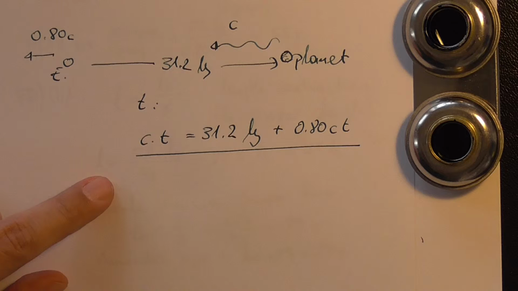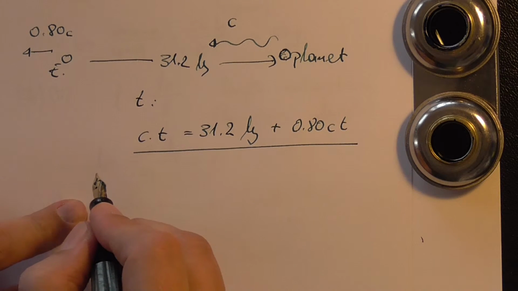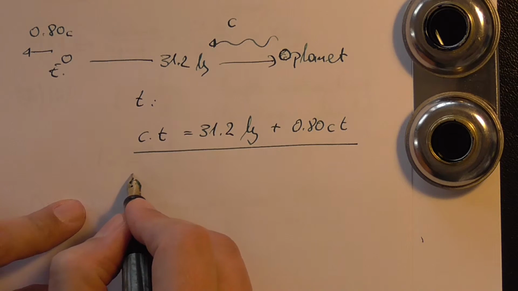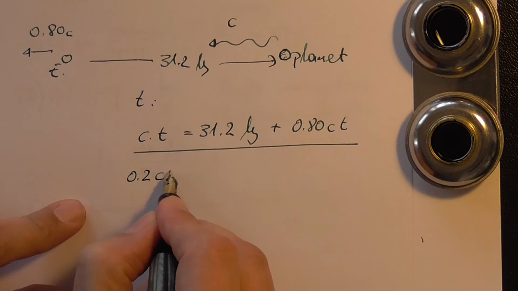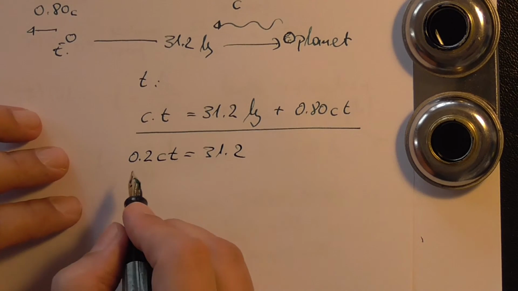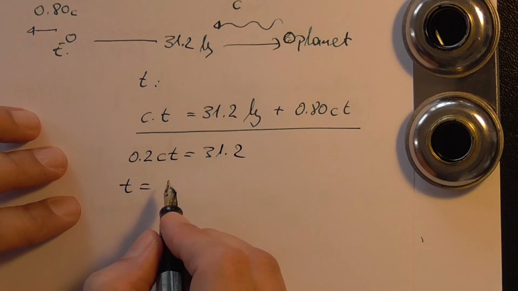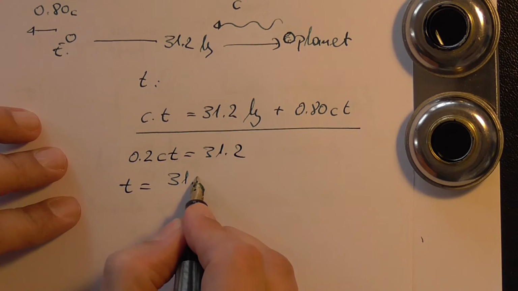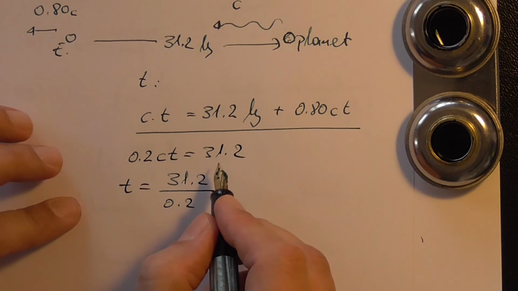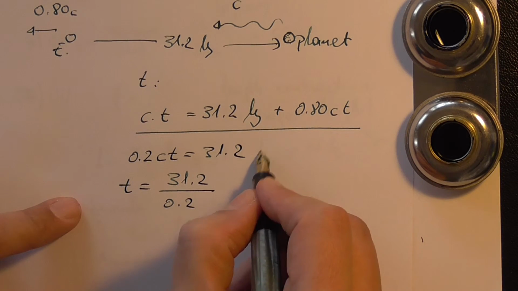This was the tricky part of the question. So then you can solve for t. It's just a simple equation. So take this to the other side. So 0.2 times ct is equal to 31.2. And finally, the time is 31.2 over 0.2. The c's will cancel because this was light years.